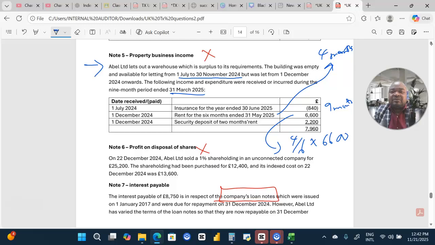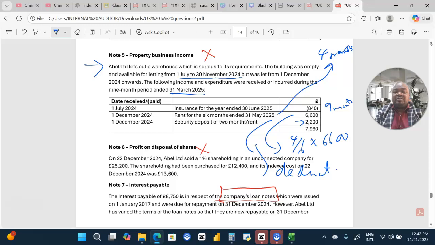All right, and we are told of the security deposit of 2 months' rent. A security deposit is not our income, so this should be deducted. It's not part of the income. Is that clear, guys? Good.